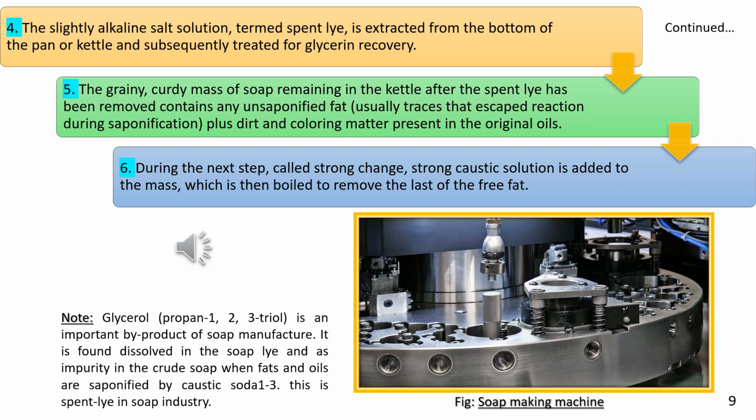Because a strong caustic solution is added to the mass and then it is boiled to remove the free fat. You can also see a soap making machine in this picture, which is used to produce soap in the industry.